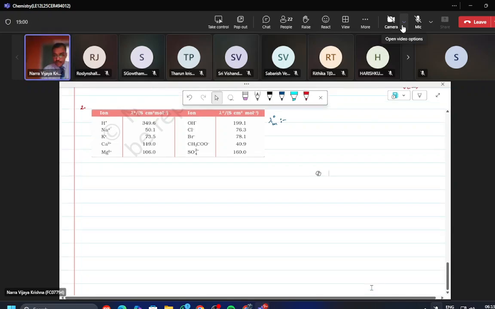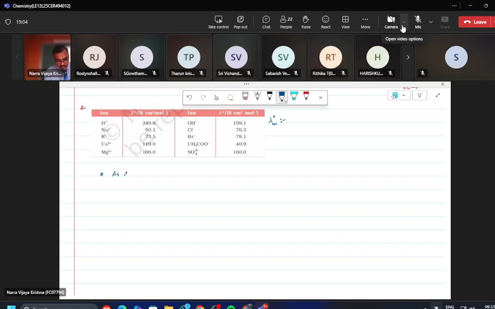Clear? So I am writing that point: as the size of the cation decreases, what happens? The degree of solvation, meaning the number of solvent molecules surrounding it, increases.